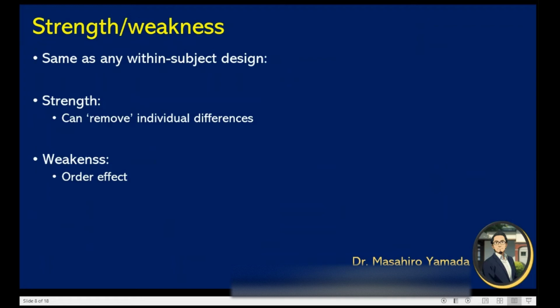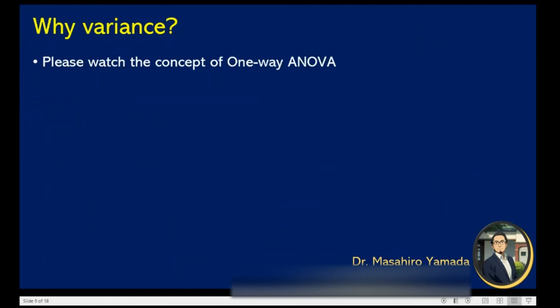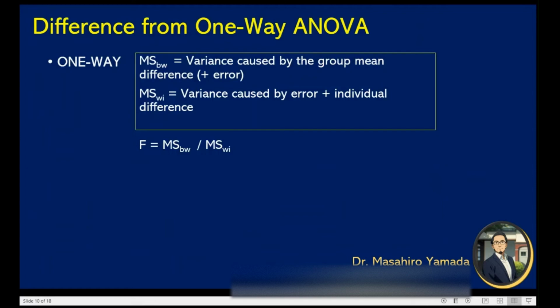The strength is you can remove individual difference, which I will show you how, and the weakness is there's order effect. Another question, about why we use variance instead of the mean to obtain the difference between groups or conditions, is explained in the previous video. So I'm going to focus on the difference between one-way ANOVA and one-way repeated measure ANOVA.